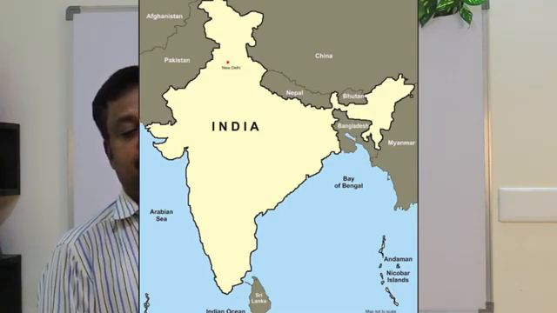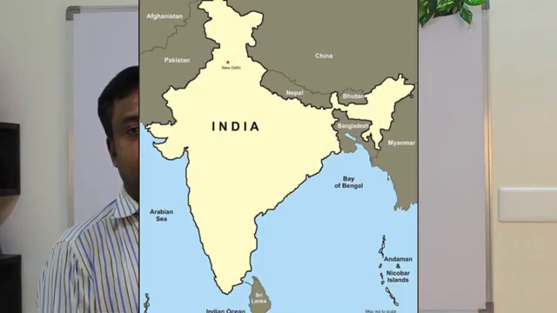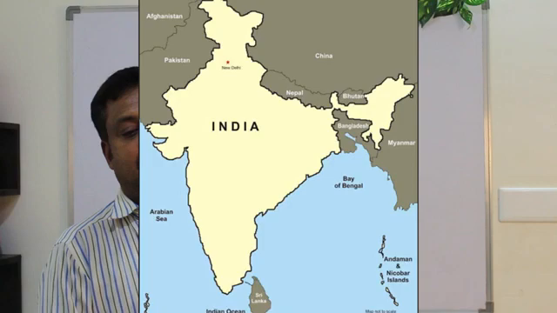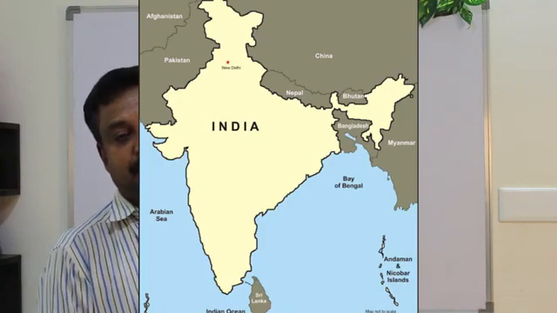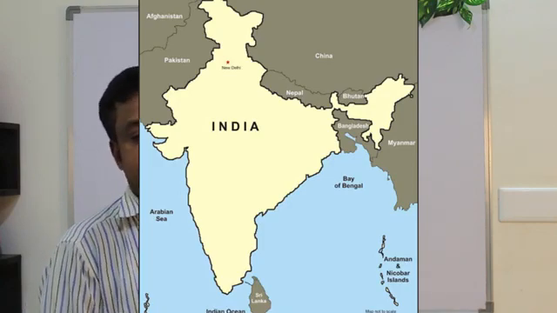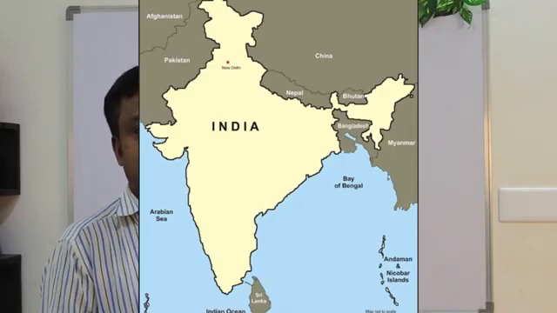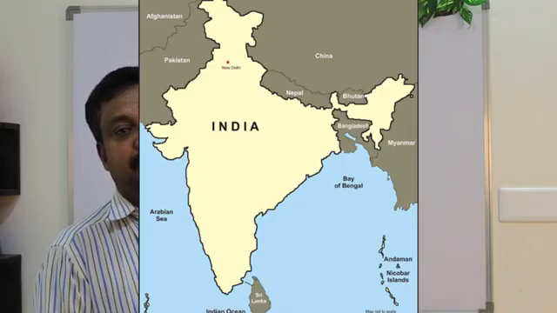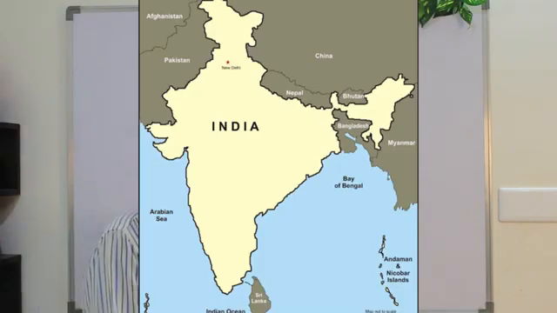To the top of India we have China. On the shoulders we have Nepal. After Sikkim we have Bhutan. Then after the Arunachal Pradesh region in the northeast we have Myanmar. Beside West Bengal we have Bangladesh. And at the bottom we have a small island neighbor called Sri Lanka.